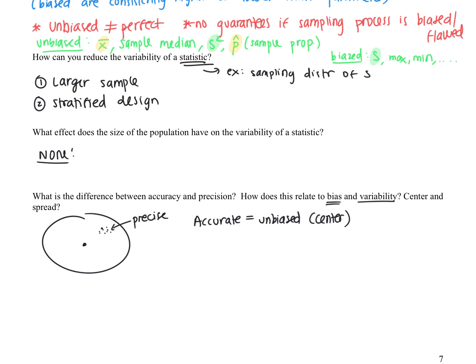In the long run, looking at many samples, am I around 100? I'm not over or underestimating in the long run. Precision, on the other hand, has to do with variability. So if a statistic is precise, it has low variability, meaning it relates to spread.